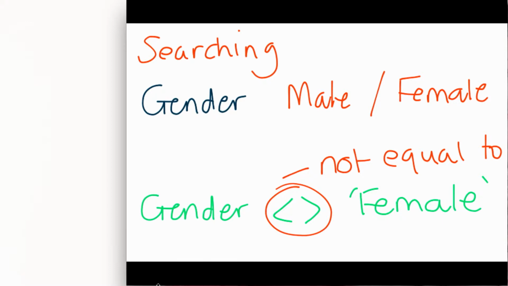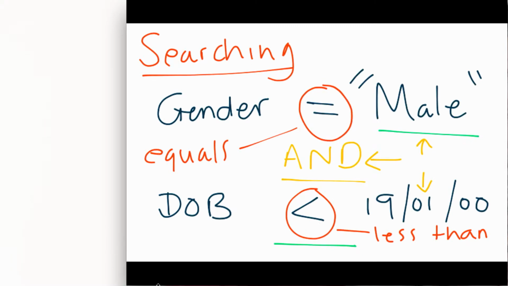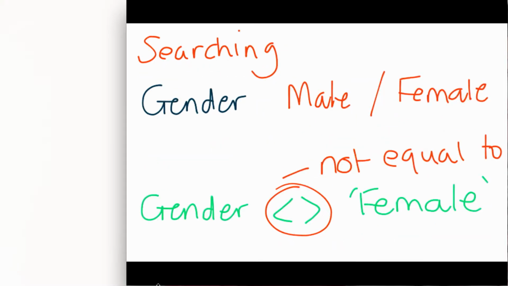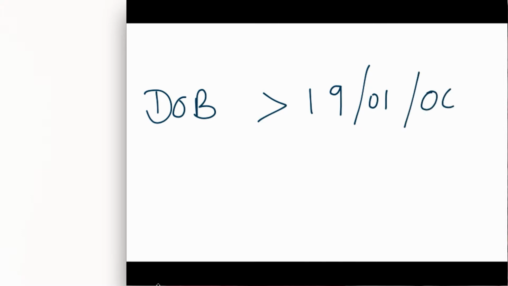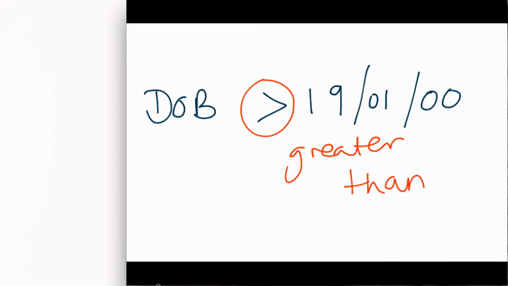Also, in the last slide here, I used this less than symbol. There is an obvious opposite of that, which would be the more than symbol. So for example, if I wanted to find all students whose date of birth is greater than 19th of the 1st, 2000, then I would use the greater than operator to do that.